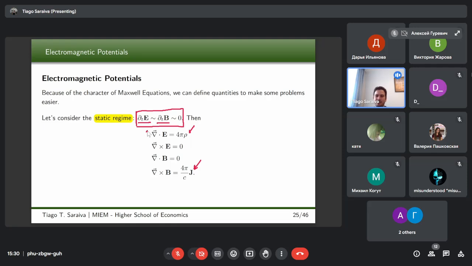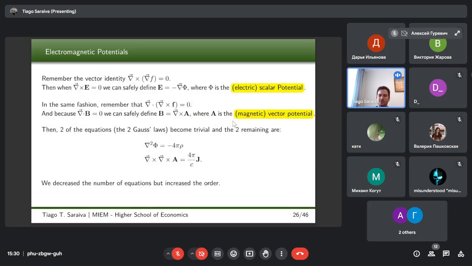It means that the Maxwell equations reduce to these 4 equations. So here the time derivative should appear: 1 over c times the time derivative of E. This is 0, right? And the same thing here, 1 over c times the time derivative of B, also 0. So by removing these terms, you get these equations.